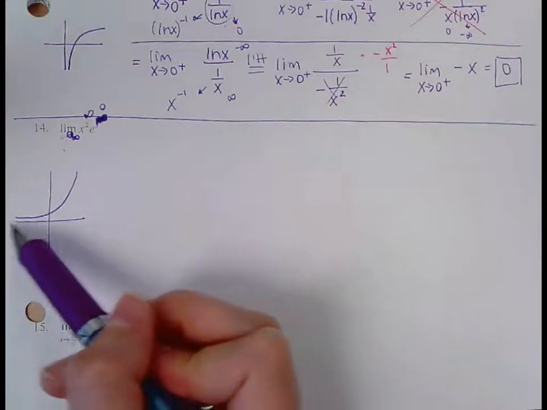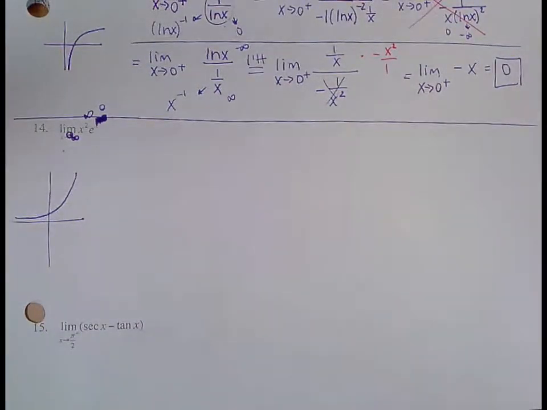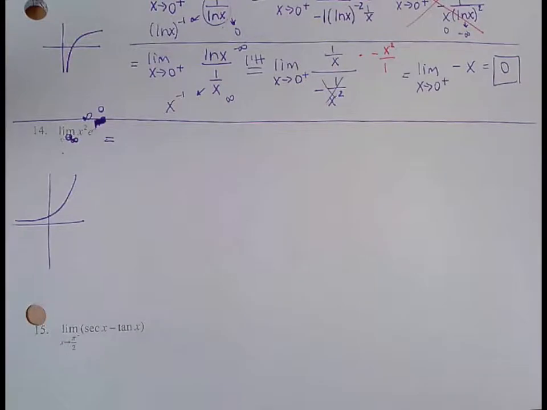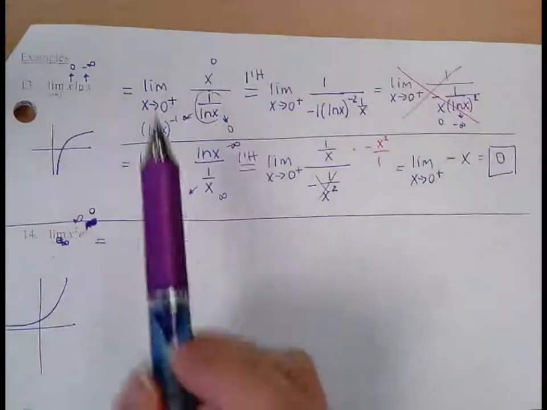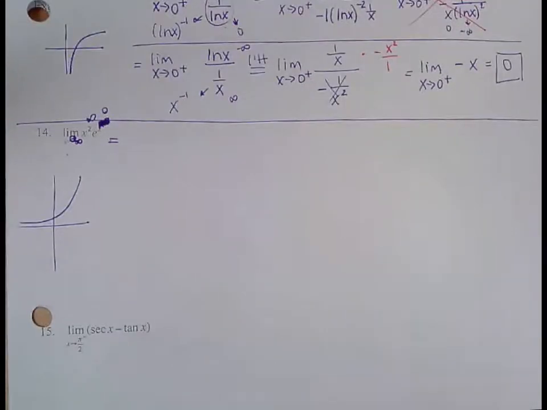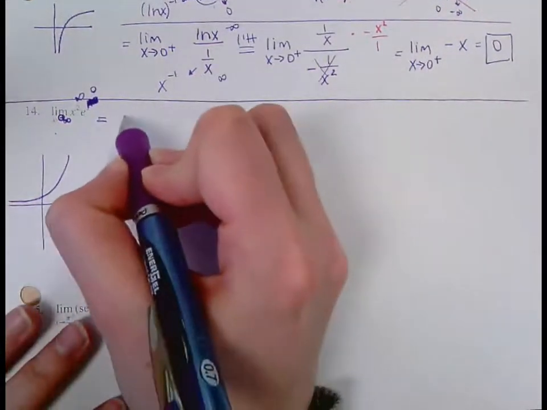If x approaches negative infinity, the y values approach 0. Then, because again you have that same indeterminate form of 0 times infinity, we can't say it's 0 based off of this, so you'd have to rewrite it.